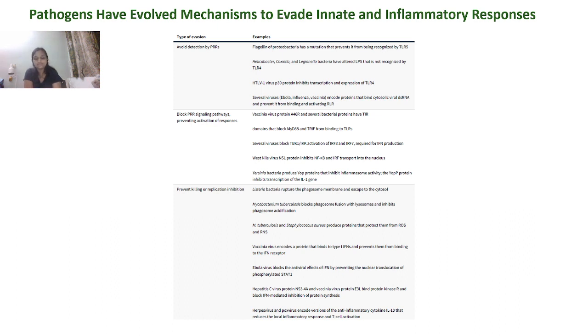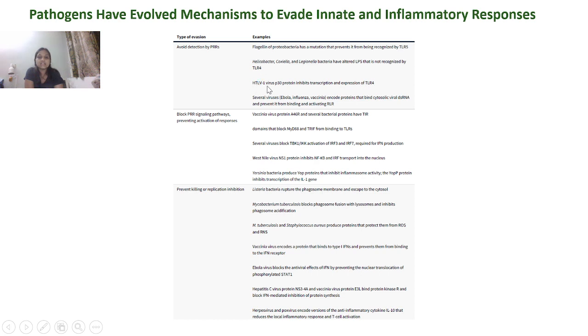For example, this proteobacteria has a flagellin that has evolved with a mutation that prevents it from being recognized by TLR5. Then there are Helicobacter, Coxiella, and Legionella bacteria that have altered their LPS structure so that it is not recognized by TLR4.